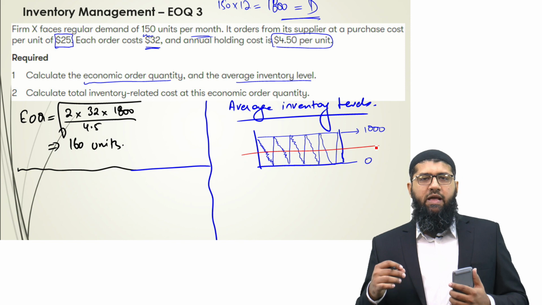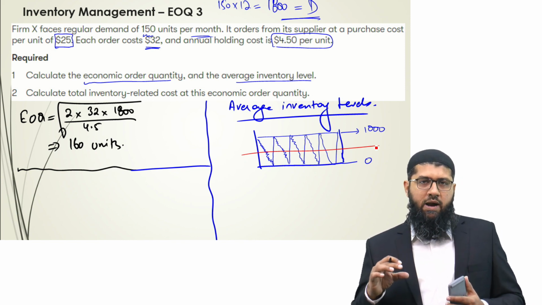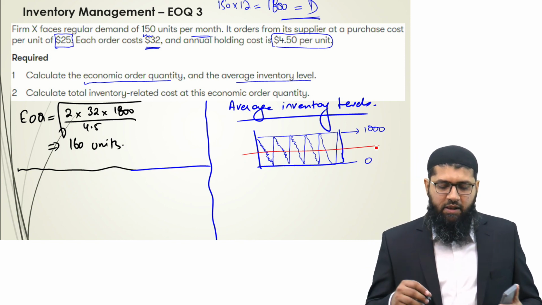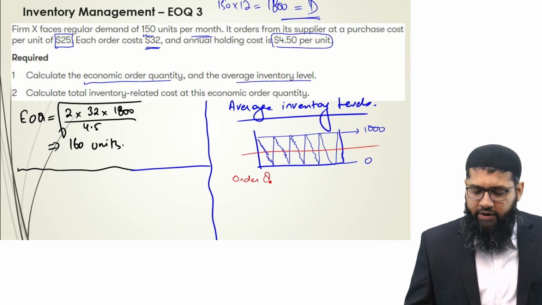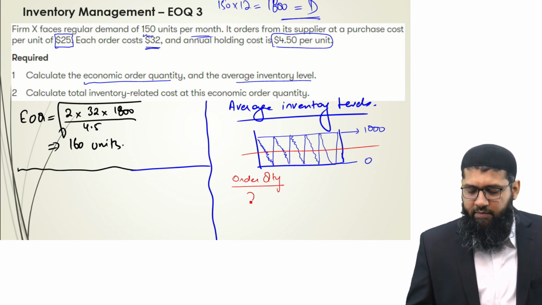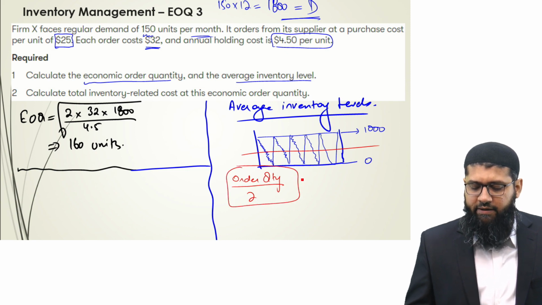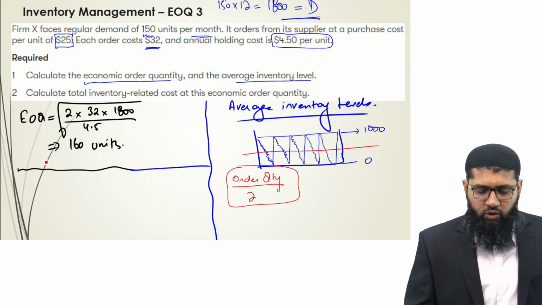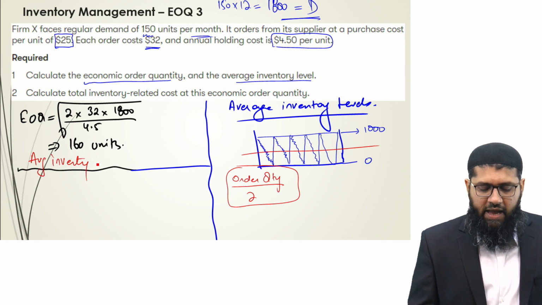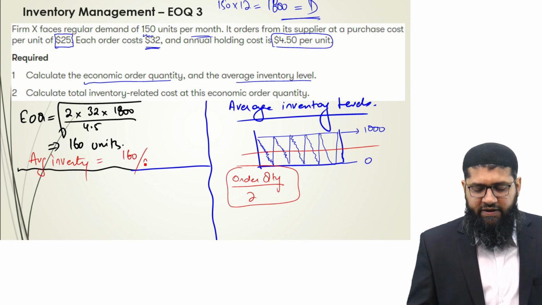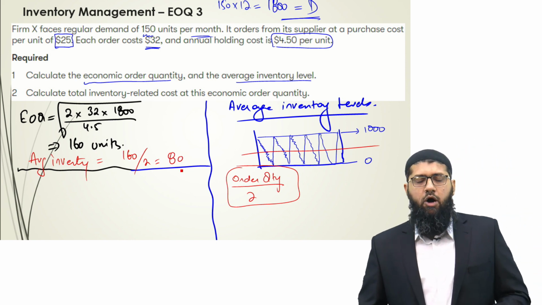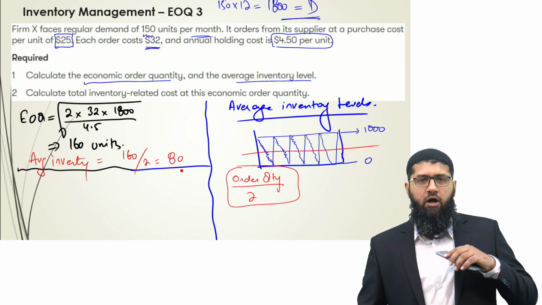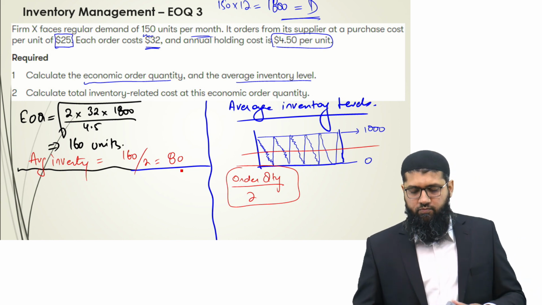Ideally speaking, the average inventory level is your simple order quantity divided by 2. In this scenario, average inventory is 160 divided by 2, meaning 80 units is your average inventory level. How do you calculate the average inventory level? It's the order quantity divided by 2.